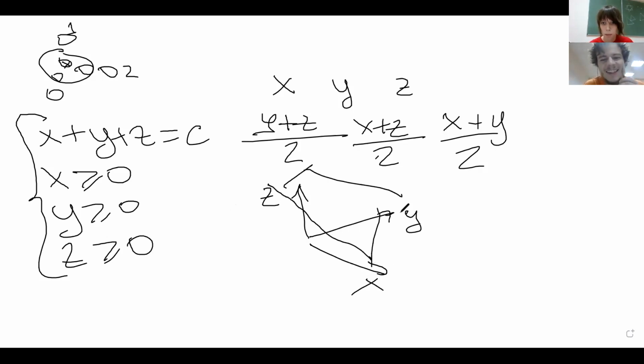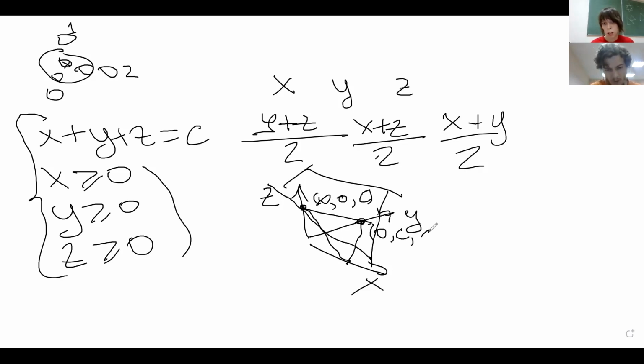So we have some plane. And by these restrictions, we actually get a triangle with vertices. This vertex is 0, 0, C. This vertex is 0, C, 0. And this vertex is C, 0, 0. So we got 3 vertices with the following coordinates.